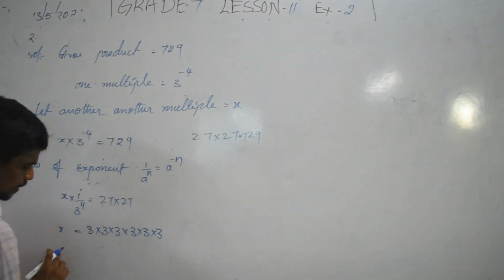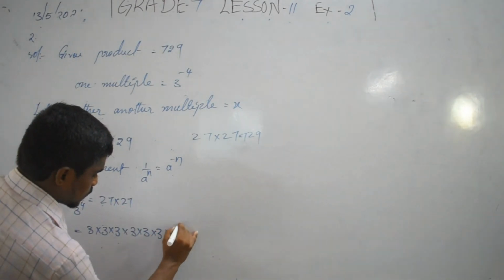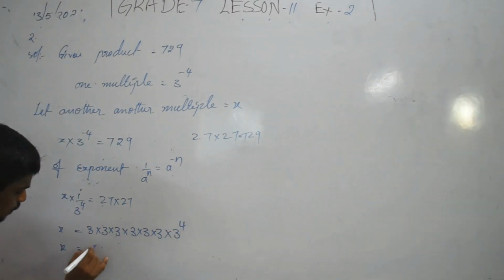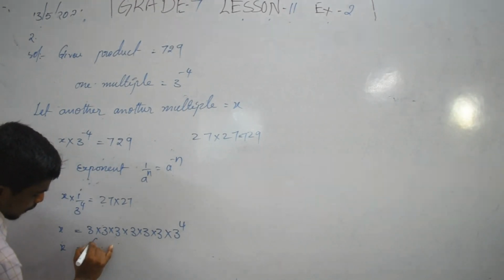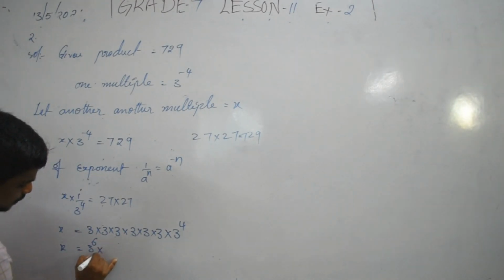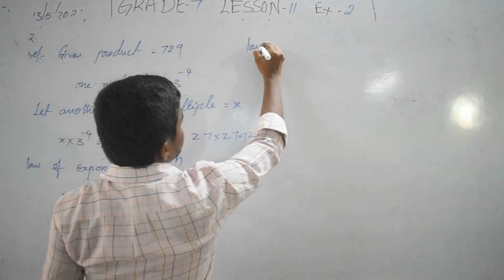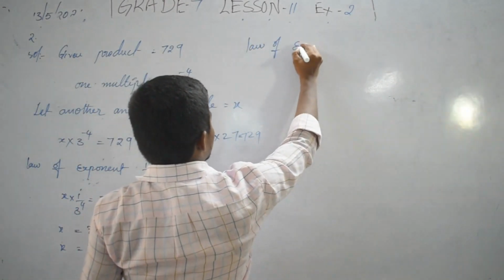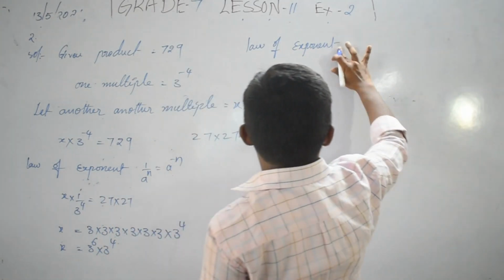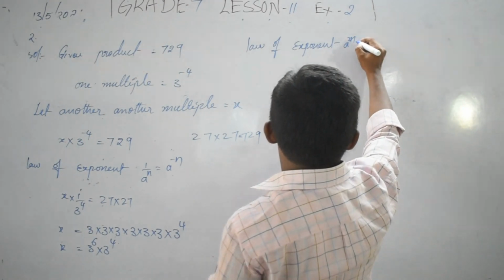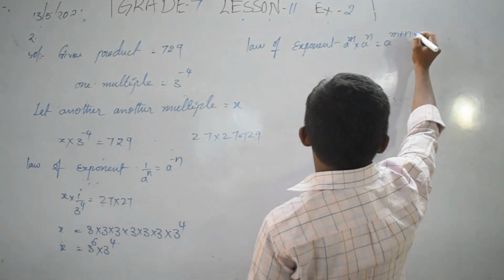Next one. Now moving this to the other side, x equals how many times we are multiplying? 3 power 6 multiplied by 3 power 4. So law of exponent: a power m multiplied by a power n equals a power m plus n.